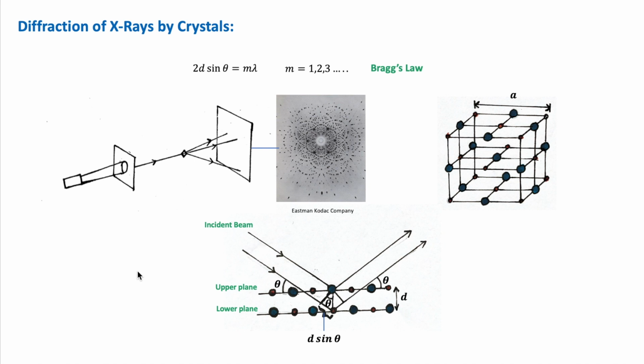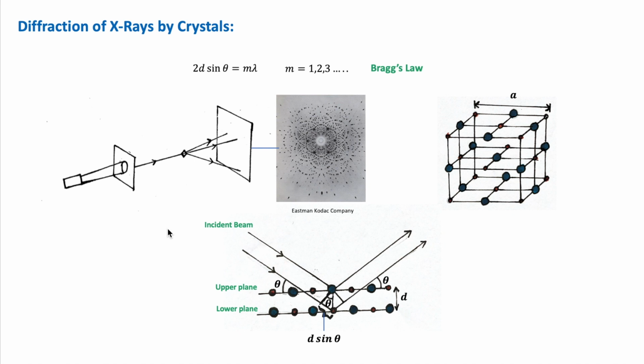In 1913, Max von Laue suggested that regular arrays of atoms in a crystal, which has a spacing d of about 1 angstrom, can be used as a three-dimensional diffraction grating for X-rays, okay? And this was confirmed by experiment, and it is used to reveal crystal inner structures, okay?